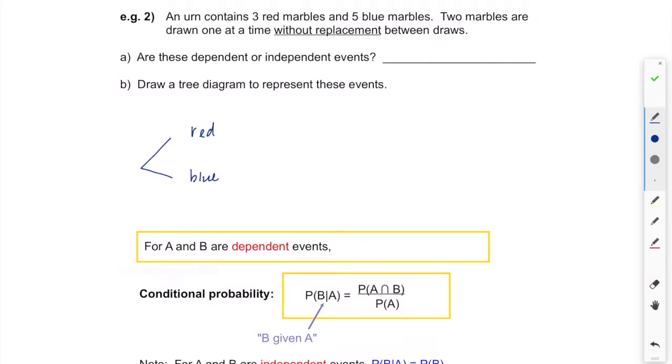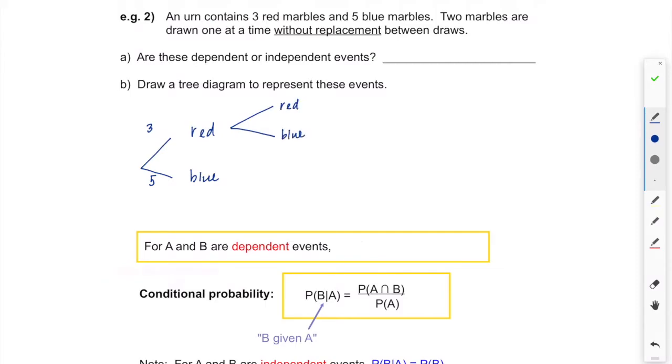There are 3 red marbles and there are 5 blue marbles to begin with. If the first marble is red, when I reach into the urn again without having that red marble replaced, then I will still get red or blue.